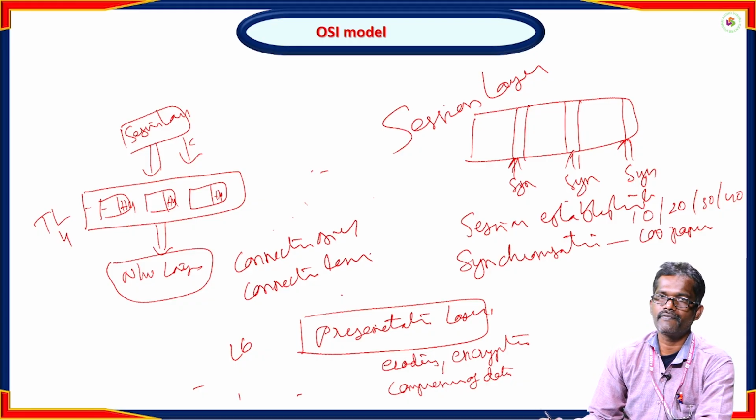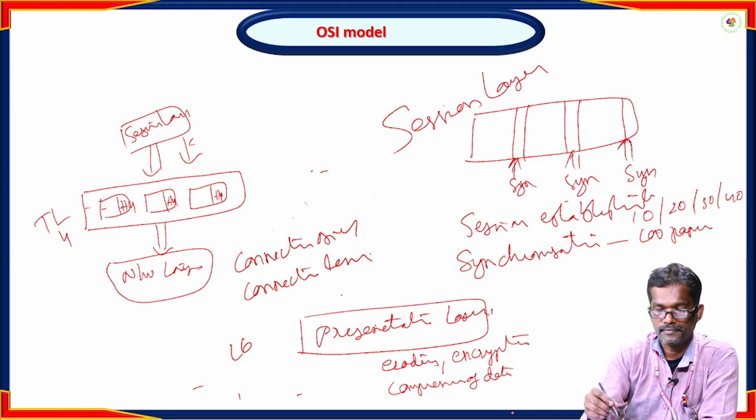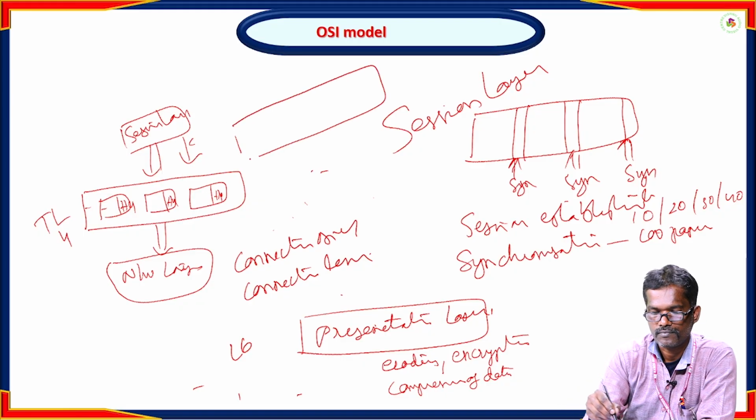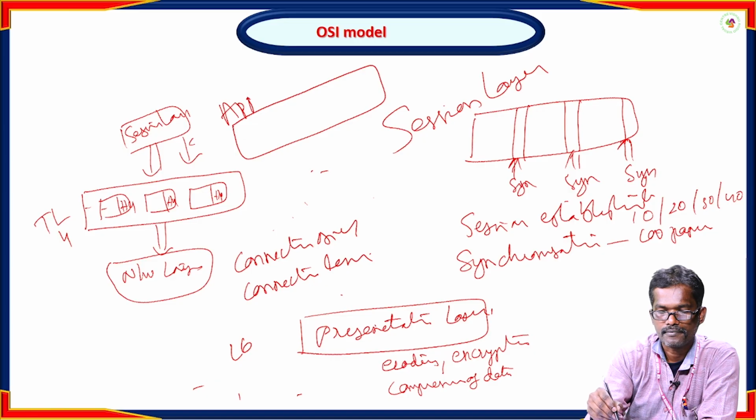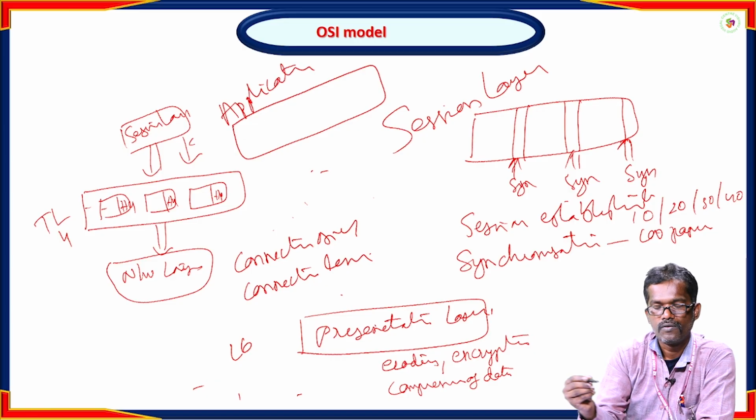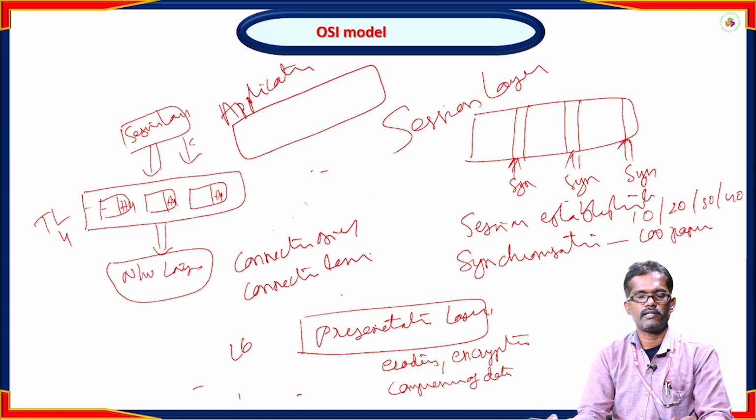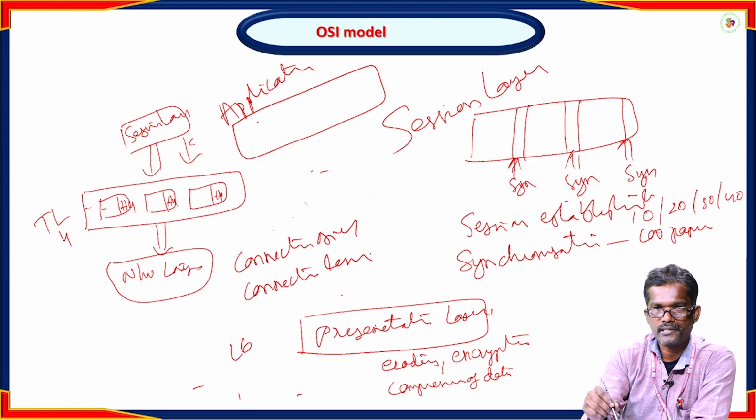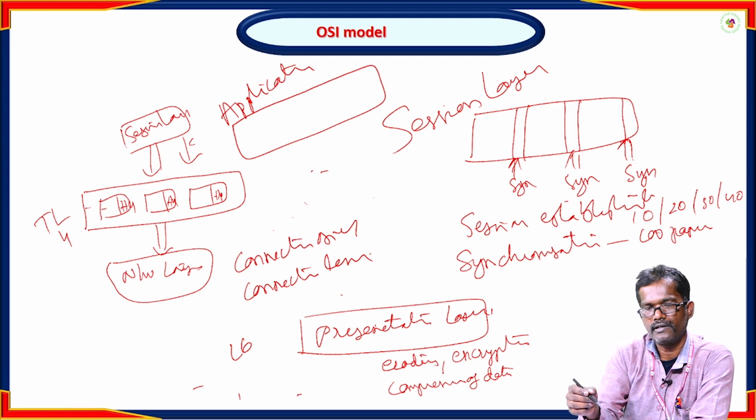And the last layer is the application layer, the seventh layer. What does the application layer do? The application layer is the user interaction, where you use browsers, web pages, WhatsApp or Facebook; everything that is user-end services.